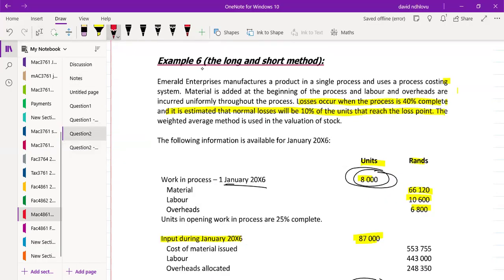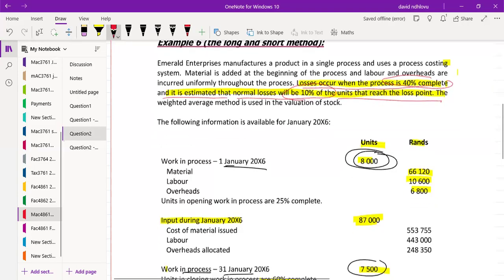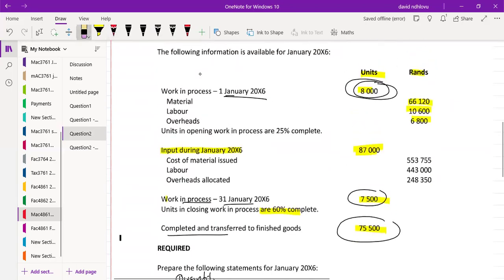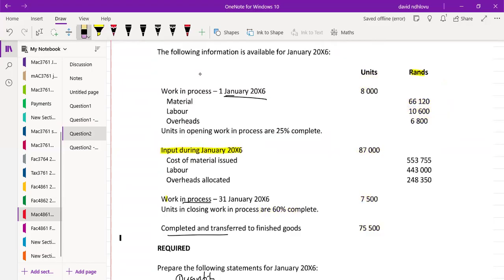So here they told you the wastage point is 40%. Losses occur when the process is 40% complete, and it is estimated that normal losses will be 10% of units that reach the wastage point. So with opening inventory, you go and check the level of completion of opening inventory. They were very clear, 25% complete.